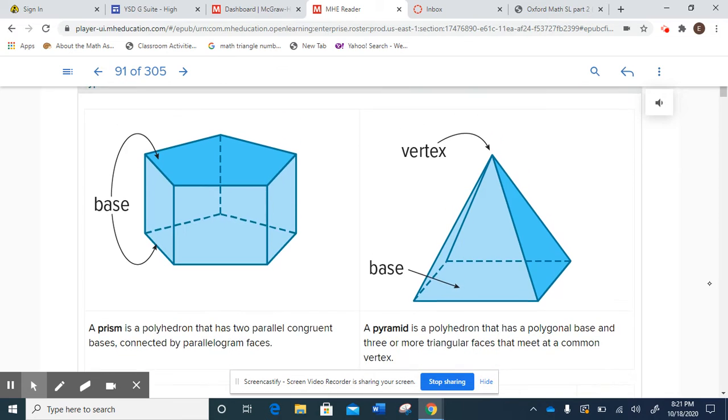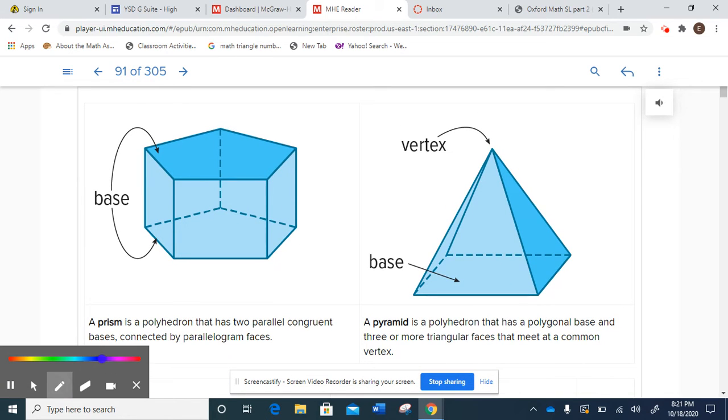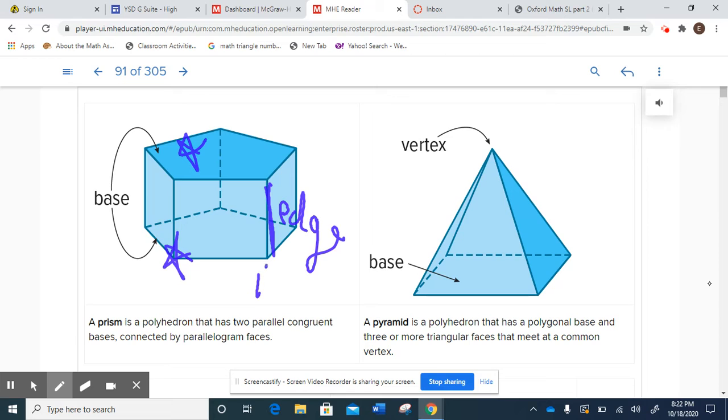So in this case, we have our base for this one, which is the top and the bottom, with all the other faces being rectangles. So this would be the edge here. Edge. This little point here, one of these points would be the vertex. And then one of these entire things would be the face.